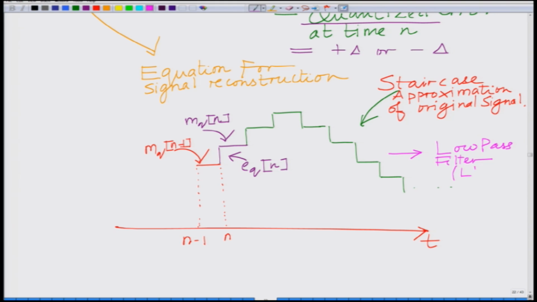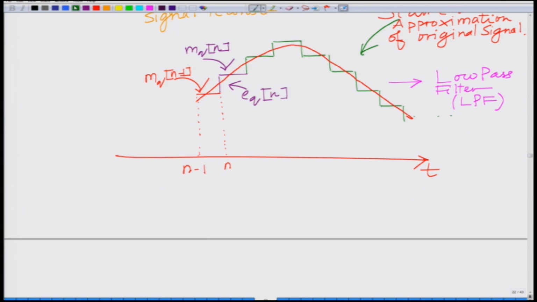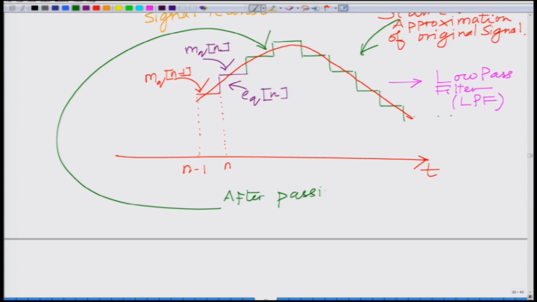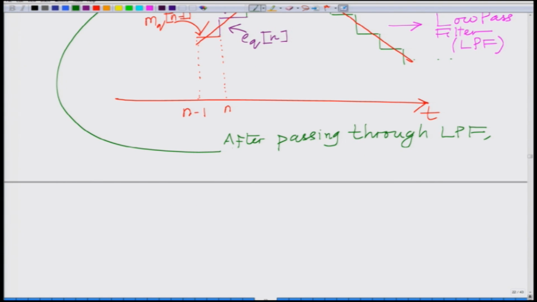What that will do is give me a smoothened version of the signal.